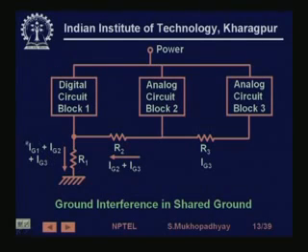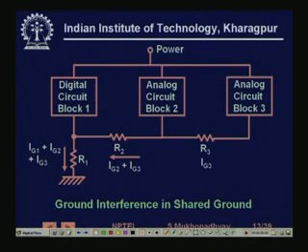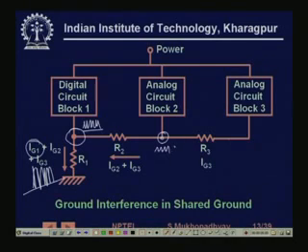So if Ig1 is a highly spiky current, then the potential here is also going to oscillate, and obviously the potential here is going to oscillate, and the potential here is also going to oscillate.